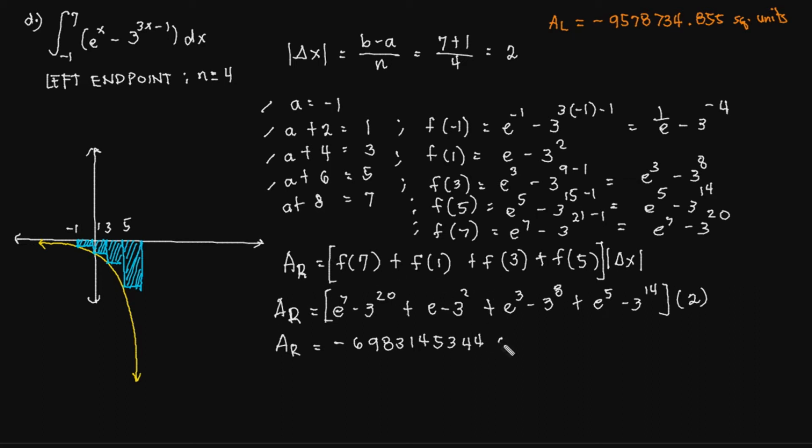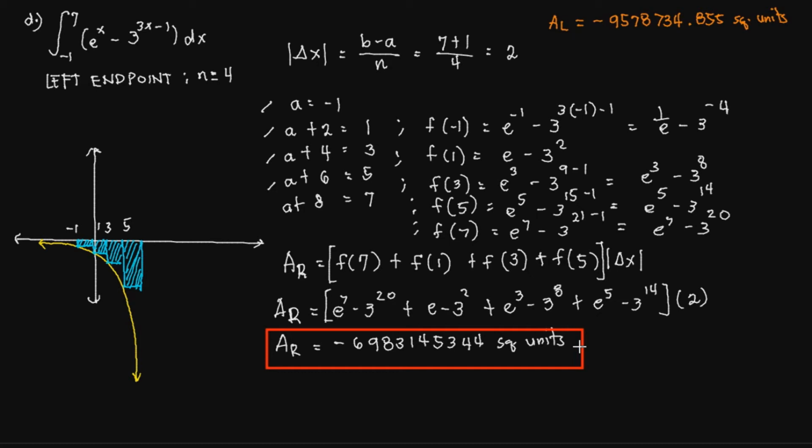As you can see, it's very large, and we can box this as the final answer for the right endpoint. Okay, that is what you do for the right endpoint. It's really that large, because if you look at the actual graph, it goes very far downward.